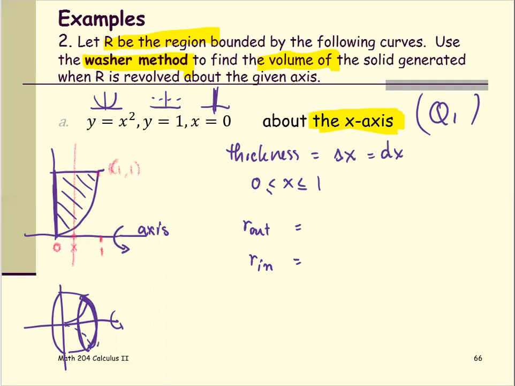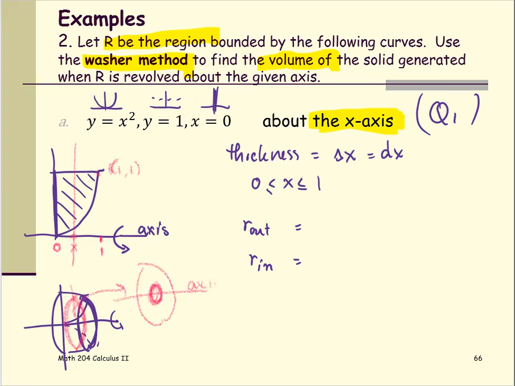After that, we do the cross section. Each cross section portion will form the washer, and the middle part is empty. That's the empty part around the axis of revolution.